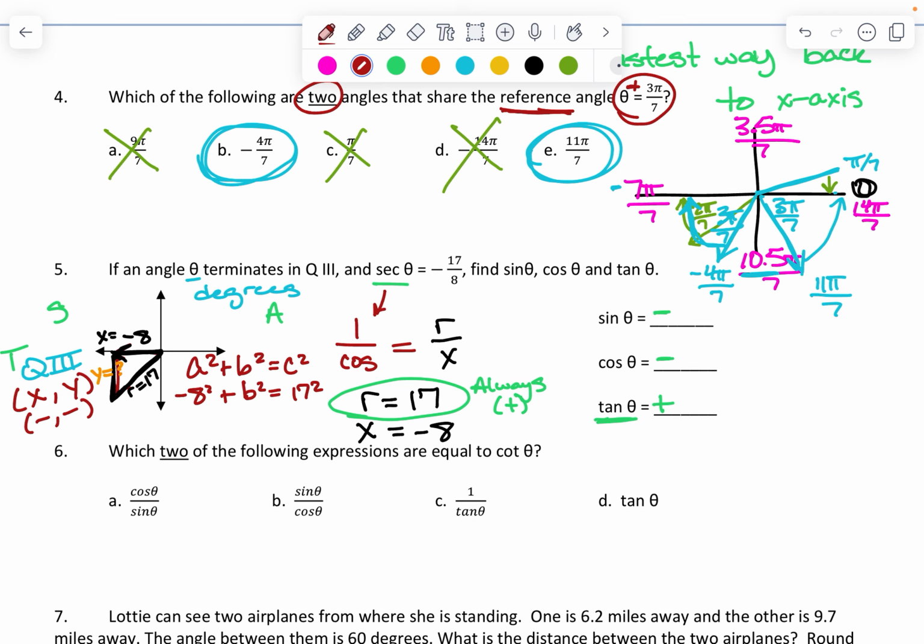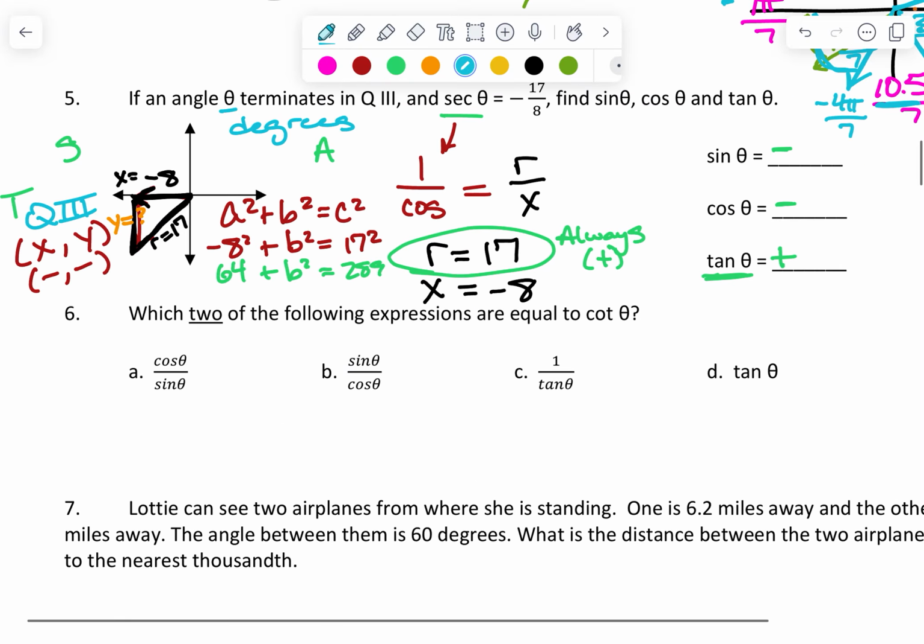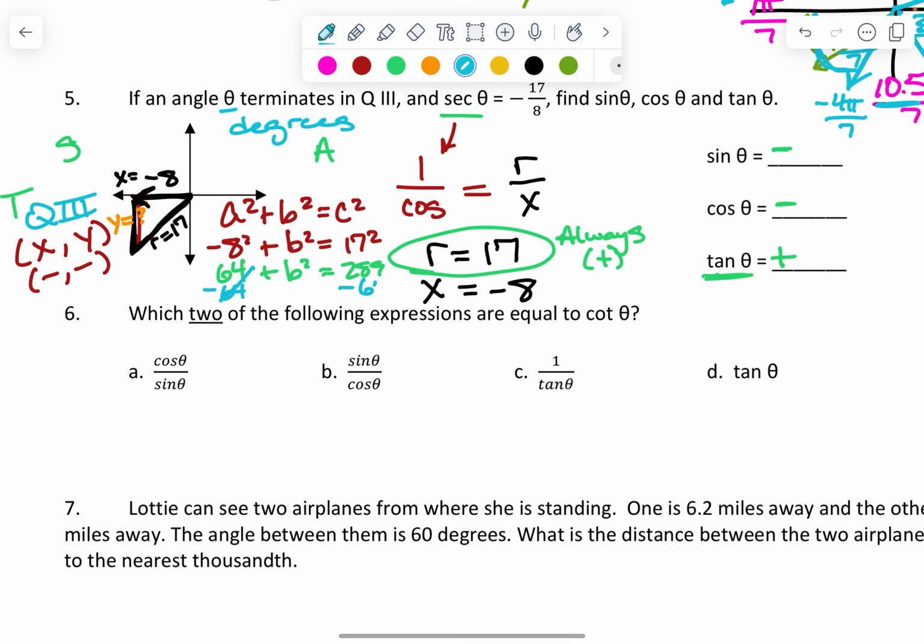As we're working this out, we've got 8 squared is 64. Still don't know b squared. And 17 squared is 289. So we're going to move over our 64. And that's going to leave us 225.